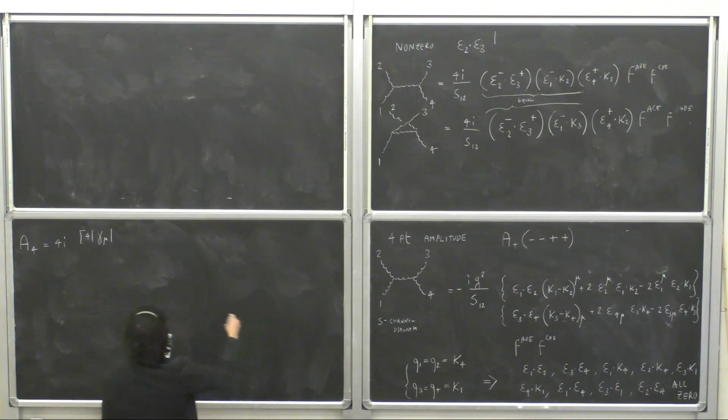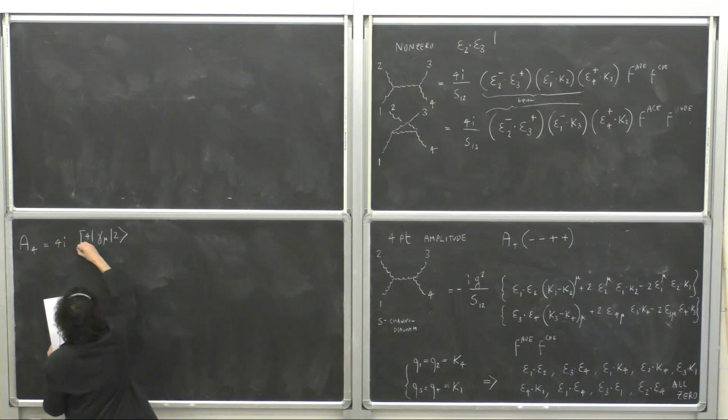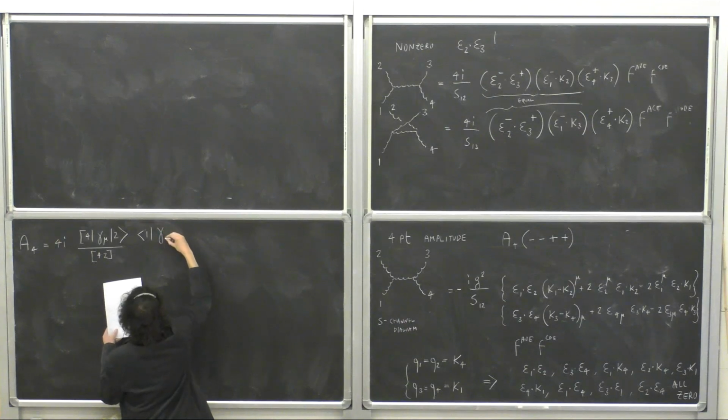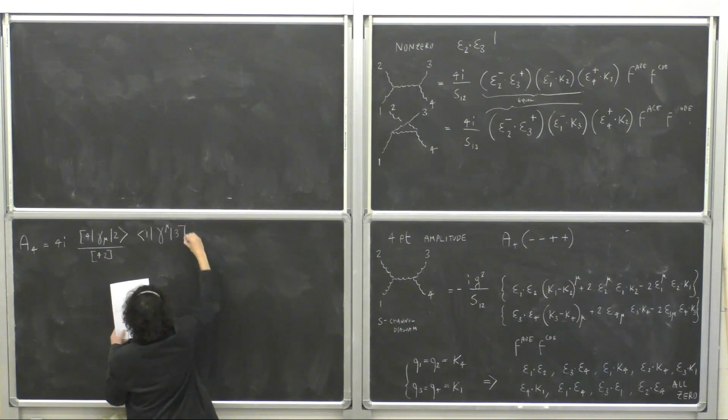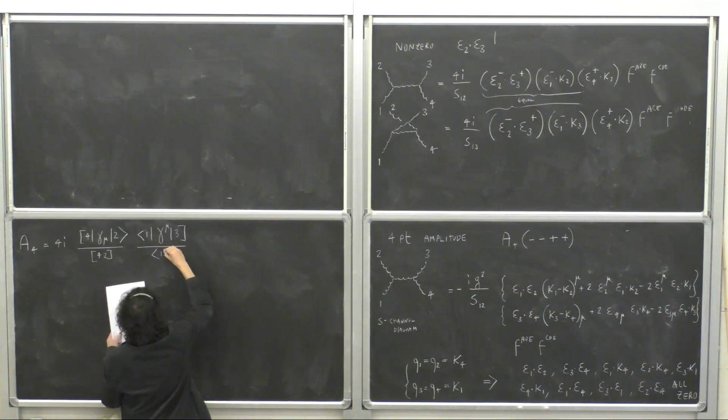Where is it? Over there, the 2, 3. So the contraction will be something of this form. Reference 1 for momentum 3, for particle 3, and there is a 1, 3.